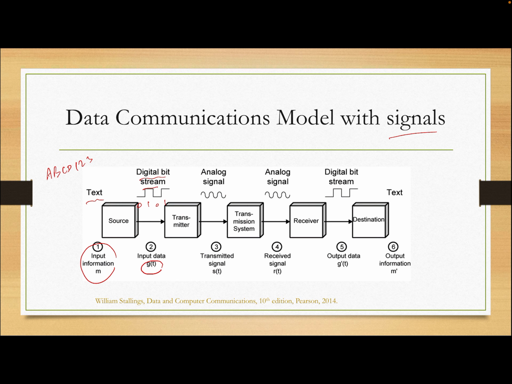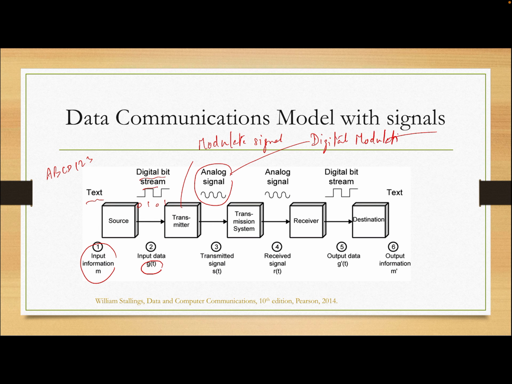Anyway, for this case, the transmitter usually will modulate the signal so that it can be transmitted in the bandwidth that we want. So usually it's sent in terms of analog signals. But this analog signal is modulated; usually in digital communications we use digital modulation.